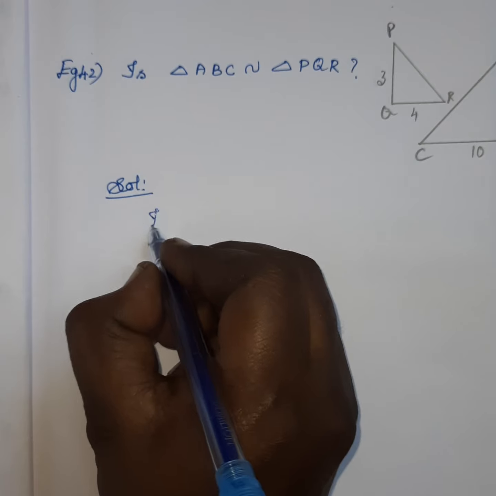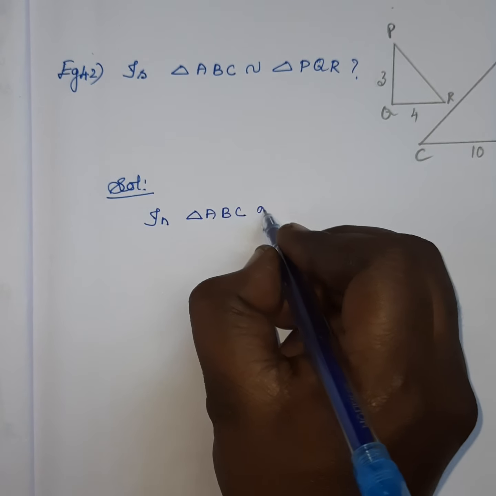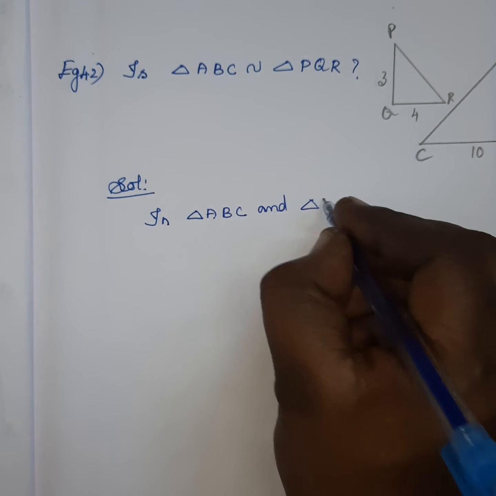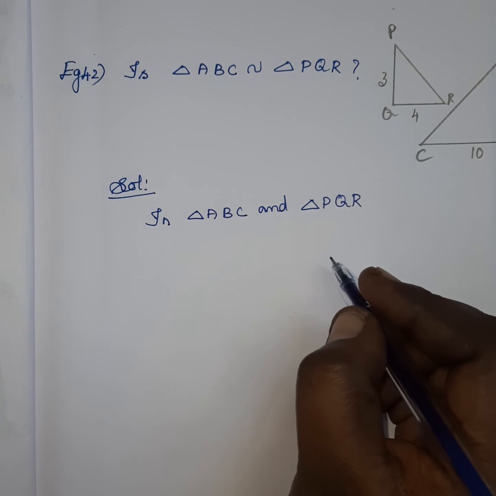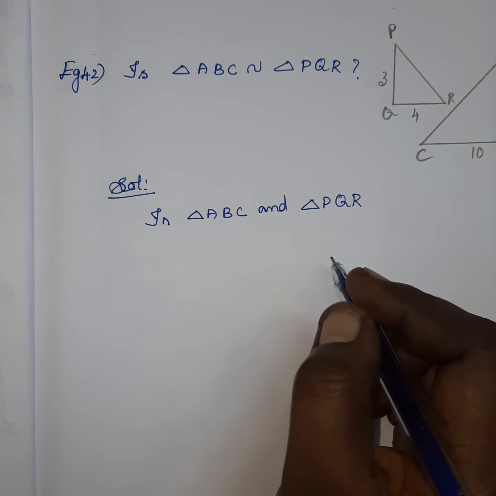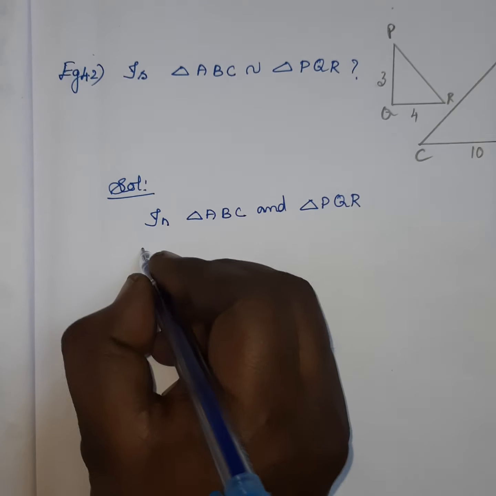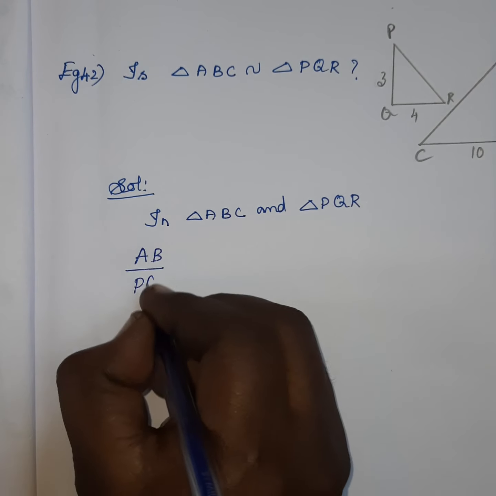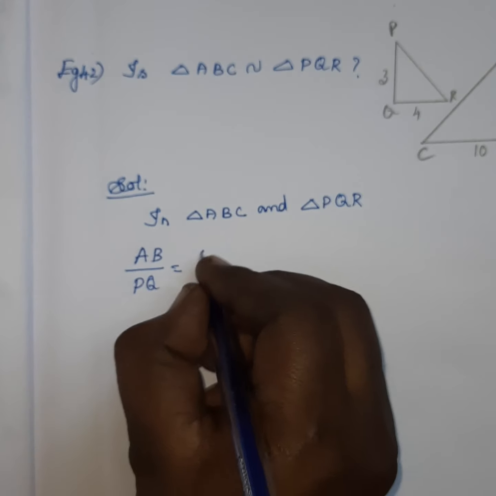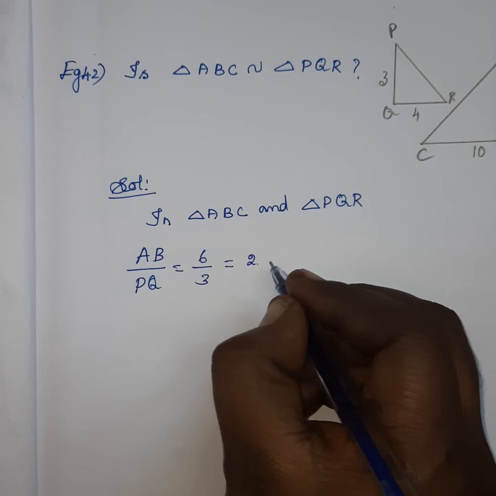Now, in triangle ABC and triangle PQR, consider them in the same order as given for the solution also. So AB divided by PQ: AB value is 6 divided by PQ value 3. So 6 divided by 3 is 2.